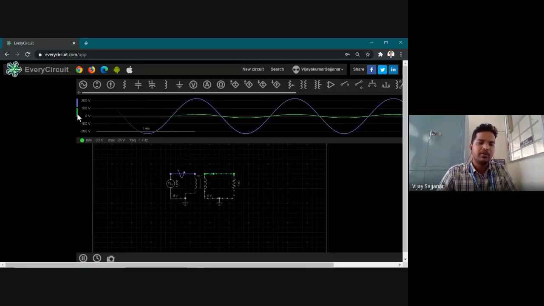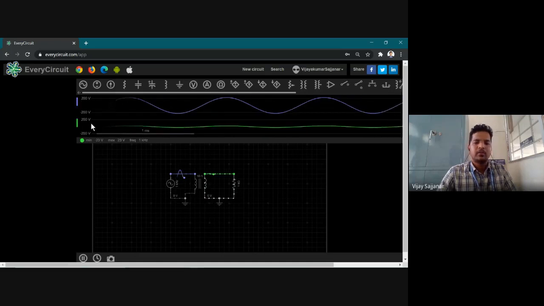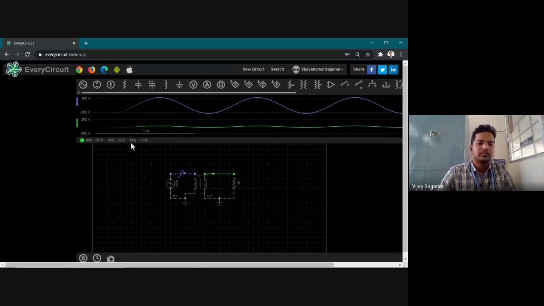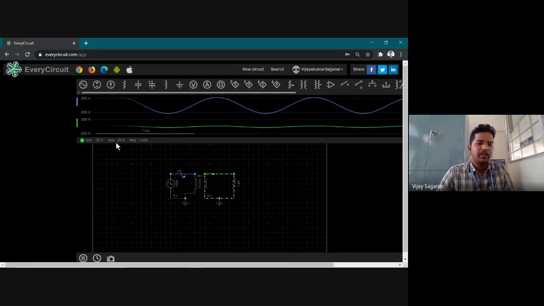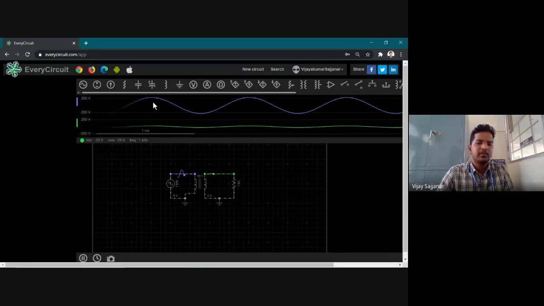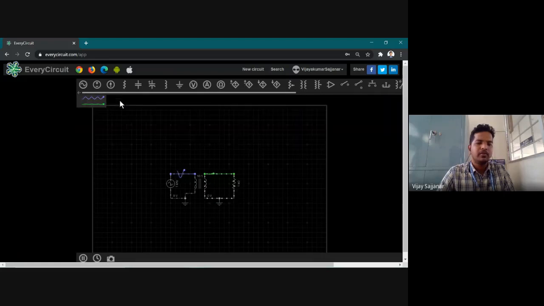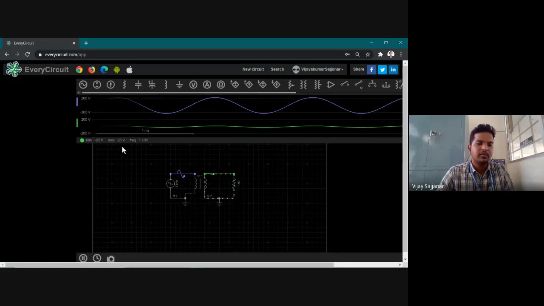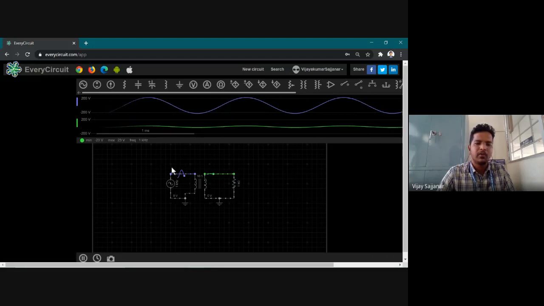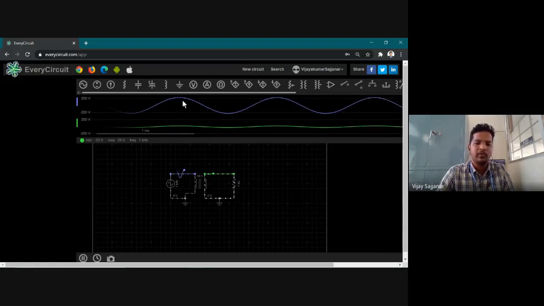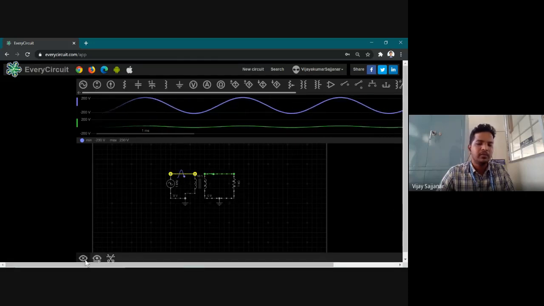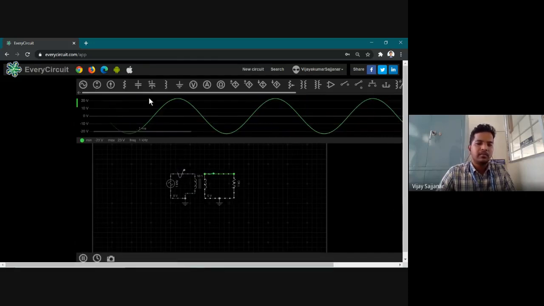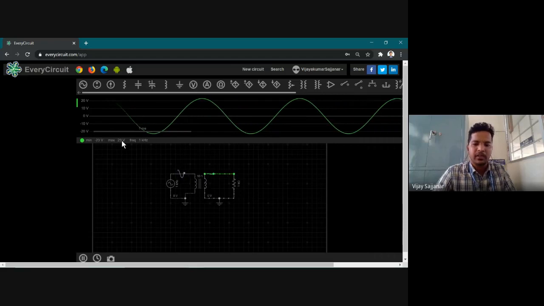We can separate these waves to see the values. For this wave, minus 23 to plus 23. For the above wave, minus 230 to plus 230. If you want to see this 23 volt wave, I'll just hide the blue wave. So this is our plus 23, minus 23.